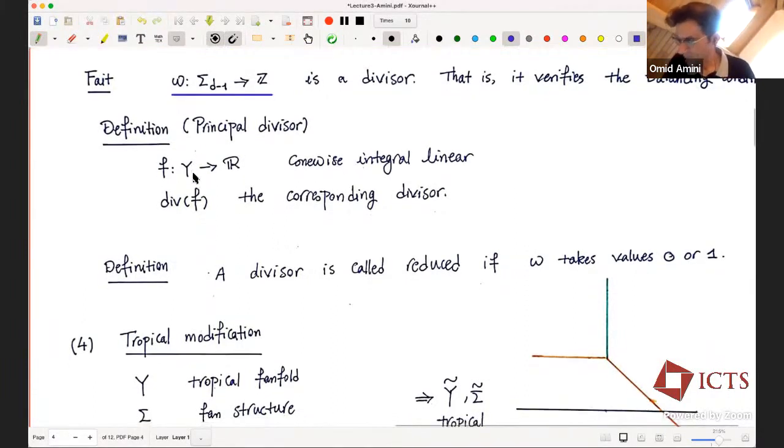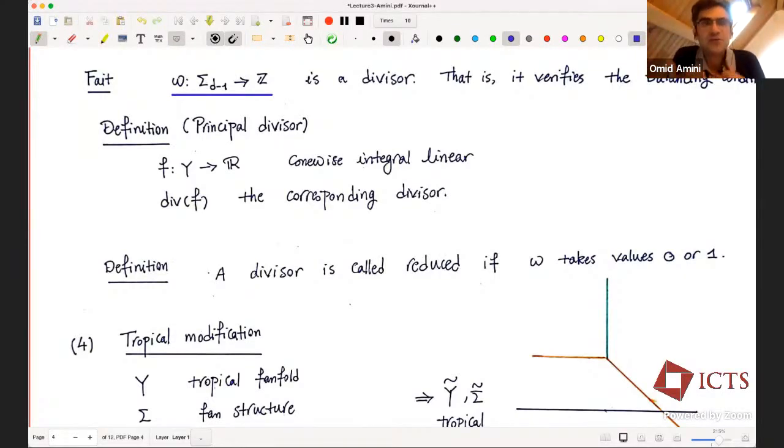Sorry, I have a question. This is defined for every cone of codimension 1, which will give you a divisor. Any function on the support of the fan gives you a divisor, but the function should be cone-wise linear, and it should be integral, because you want to have integral weights.